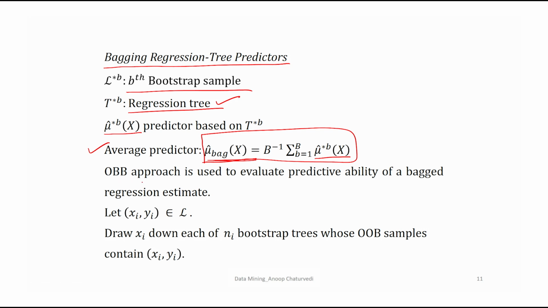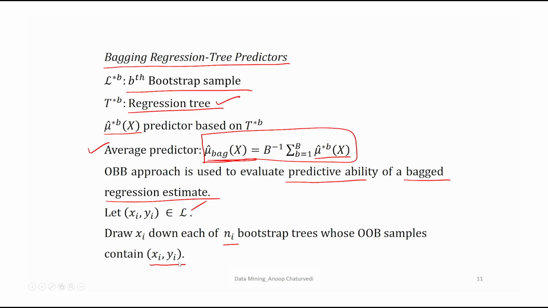The out of bag approach is used to evaluate the predictive ability of a bagged regression estimate. So, suppose xi, yi belongs to the learning set L. Then we draw xi down each of the ni bootstrap trees whose out-of-bag samples contain xi, yi.